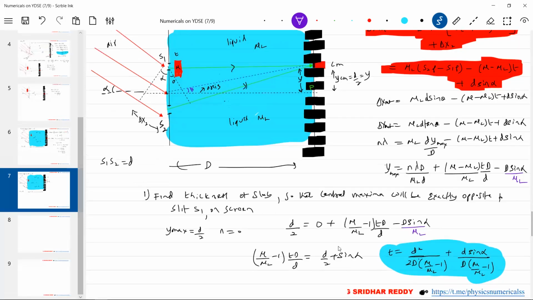Okay, I'll make the changes. So here also one mu L will be there. Okay, fine. Thank you. This mu L is what I missed. Check the calculation part once.